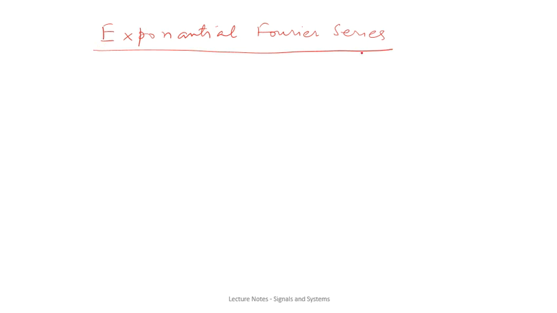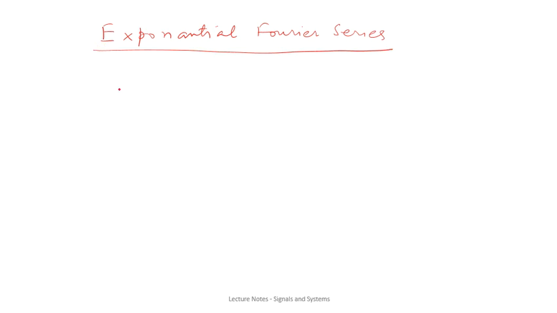Now another type of Fourier series, apart from this trigonometric form, is the exponential Fourier series. This is another way of representing any signal.